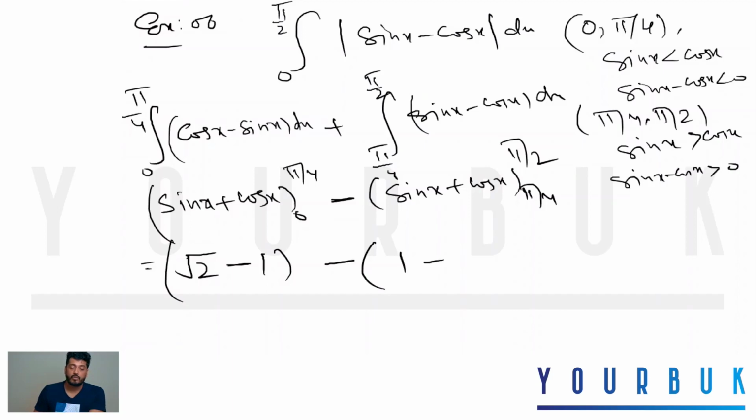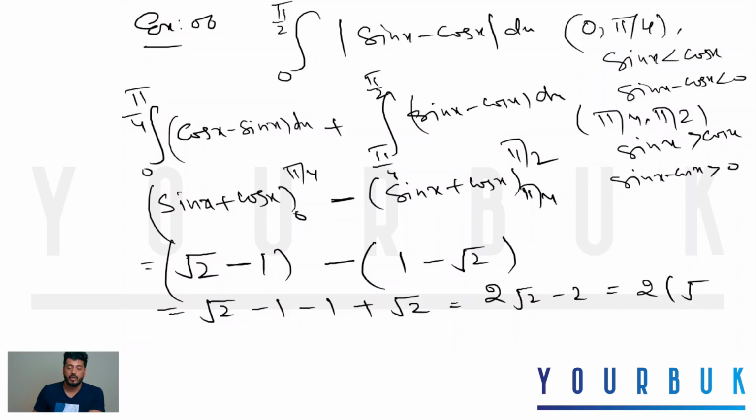And when you put pi by 4 here, it will be again 1 by root 2 plus 1 by root 2, which is 2 by root 2, which is root 2 only. So when you open this bracket, it will be root 2 minus 1 plus root 2. So it will be 2 root 2 minus 2. If you take 2 common, root 2 minus 1. So 2 times root 2 minus 1 will be the solution for this.